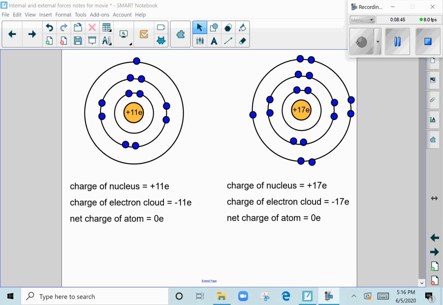So the sodium atom has a nucleus that has 11 protons, so it has a charge of positive 11e, which is the fundamental charge. So there's a charge of negative 11 in the cloud. So I have 11 electrons out in the cloud. So I have a net charge of 0 for the atom. And for chlorine, I have 17 protons, so I have 17 electrons for the atom to be neutral.